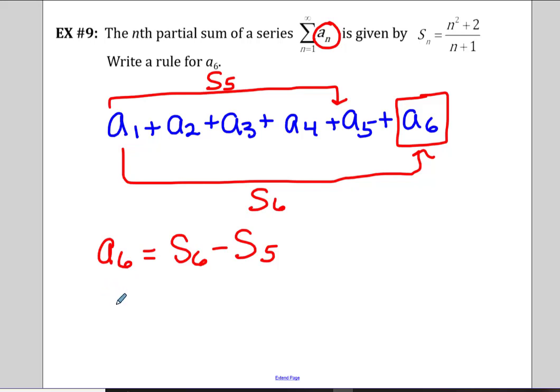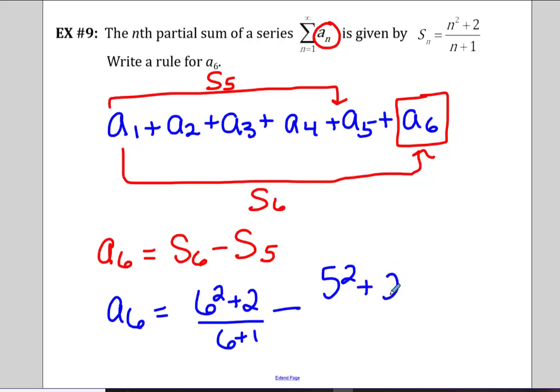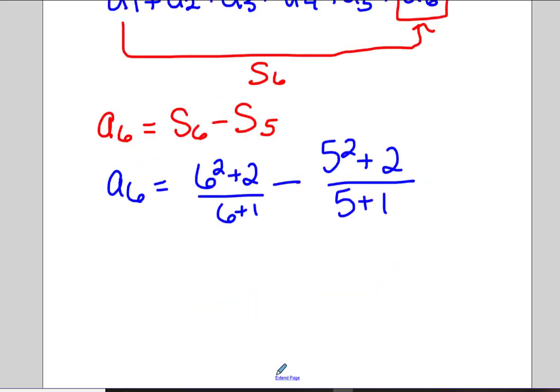So in order to do that, we can say that the a sub 6 is, using this formula, 6 squared plus 2 over 6 plus 1, and then using that formula again for 5, that's 5 squared plus 2 divided by 5 plus 1.